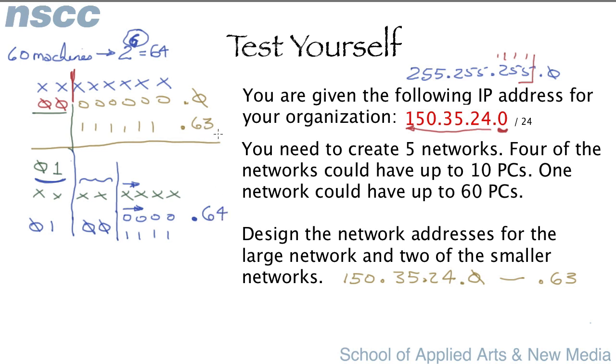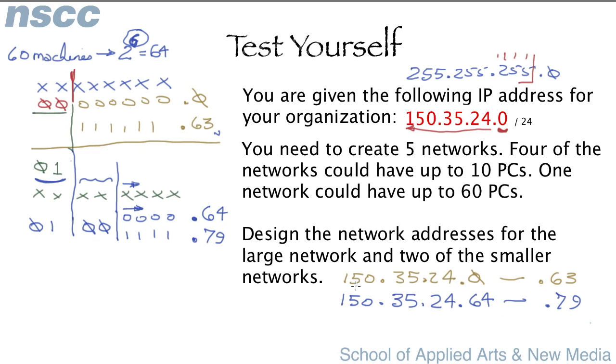And that makes sense because we started off with .63 for our last network. 0, 1 with all ones here, if we work that out in binary, we'd find that is 79. So this network is going to be 150.35.24, and the network address is going to be .64. The broadcast is going to be .79, and all the devices are going to be numbers in between here.